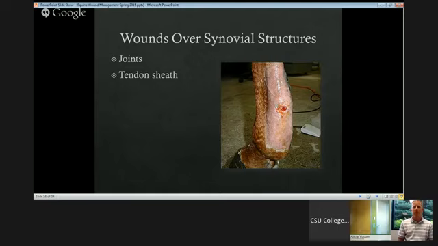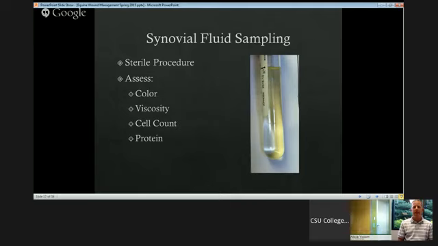And so things that you can investigate is that you can actually sample the synovial fluid. That's the fluid that surrounds either the tendons in the tendon sheath or in the joint cavities. That's what lubricates the joint and supports the health of the joint. And so you can actually do this sterilely, and as a veterinarian, you can stick a needle into the joint and sample the fluid, and you're assessing the color and the viscosity of the fluid, wanting to make sure that it appears normal.